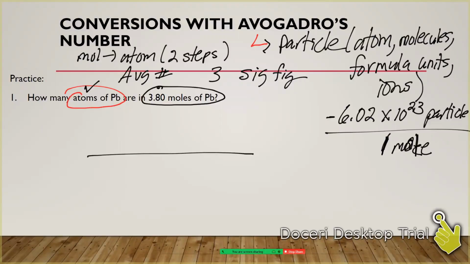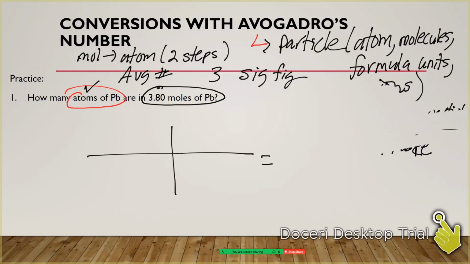So we're going to get started just like we did before. We'll start with our given, which is 3.80 moles of lead, and we'll end, top closest to our equals, with what we want to convert to, which is atoms of lead.